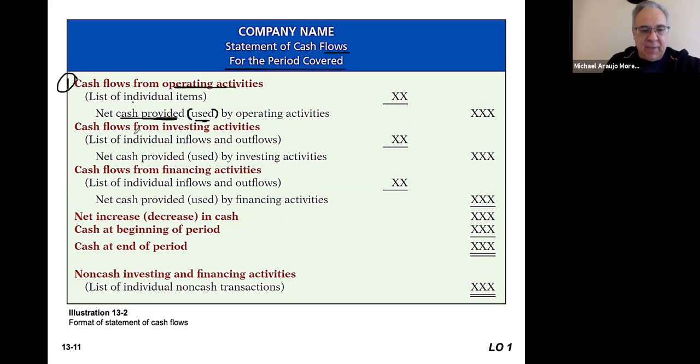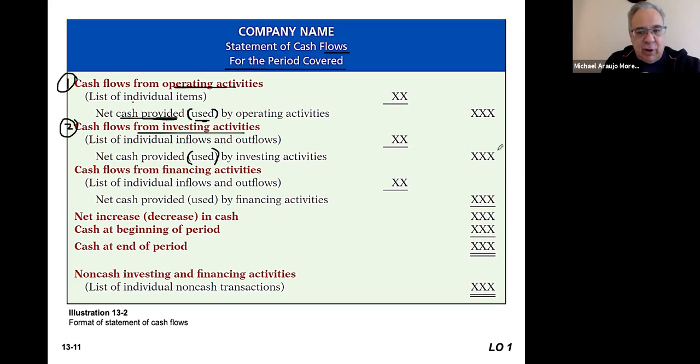Okay. Cash flows from investing activities. Now, investing activities, again, you want to see a company buy property, plant, and equipment. You want to see them being committed to growing. So when it comes to the second part of the cash flow statement, you're probably going to see a lot more cash going out to buy all those fixed assets.